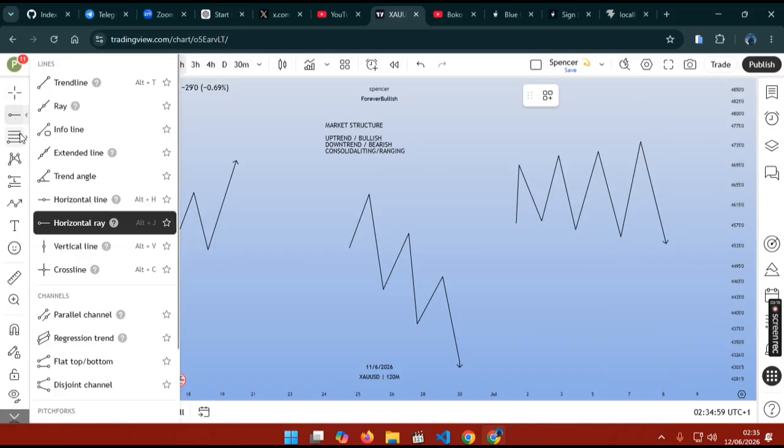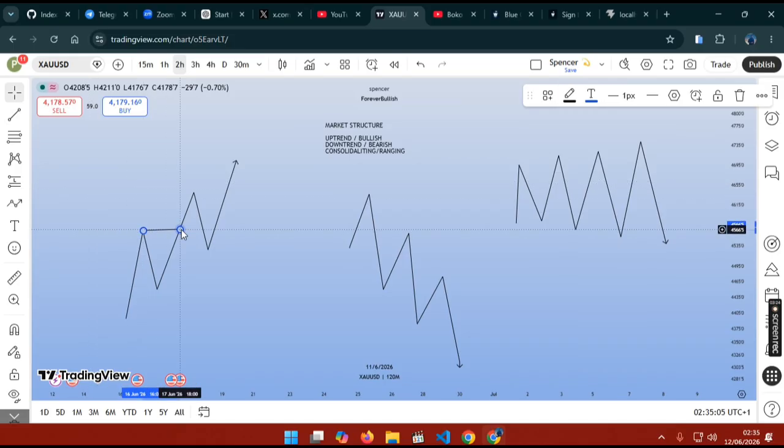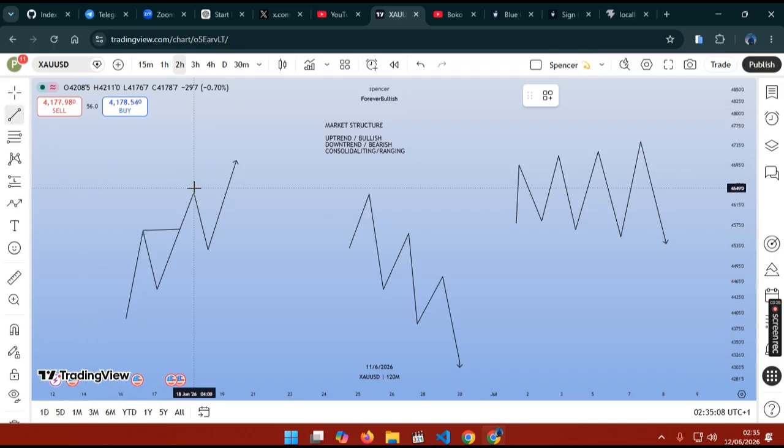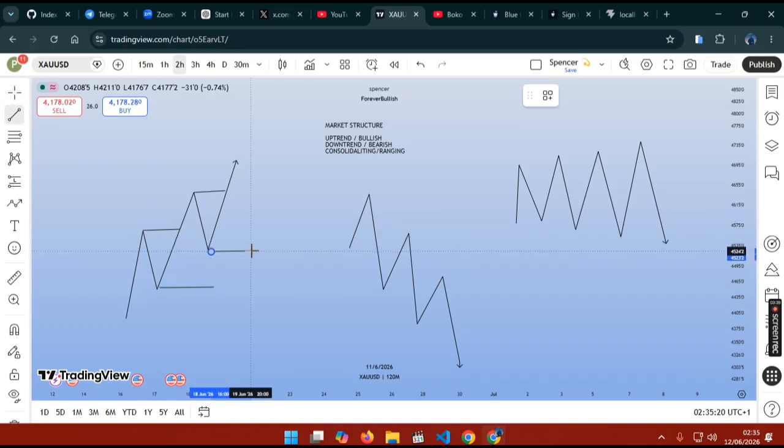For instance, on a bullish market, we have a series of higher highs and higher lows. We have our impulsive buy, the first buy.